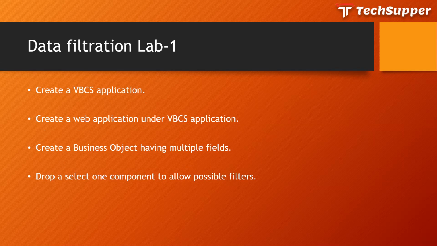For example, in our table we can have different columns: column A, column B, column C, column D, column E. If we want to filter the data by column A, B, or C, we'll put all these possible filters in the select component, like A, B, C. Then we will drop a table on the web page and filter the data in this table based on the drop down we created in the previous step, like A, B, or C. So this is lab 1, one way to search the data from a particular table.